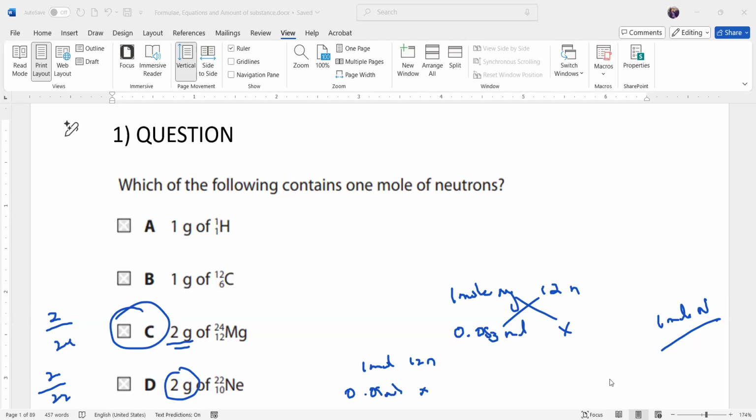What did we get? We got 1.09. So this is not right: for magnesium, it was directly giving us 1, but this is giving 1.09 moles of neutron. Is it clear? This one?